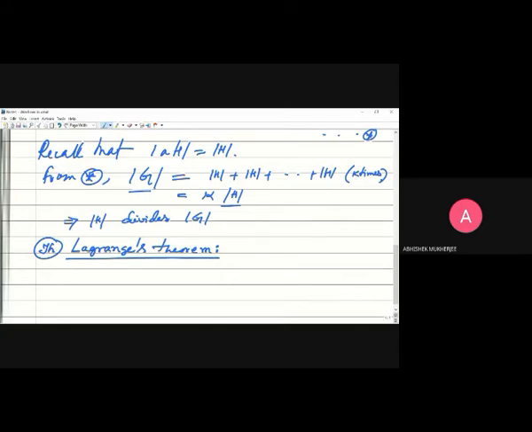So order of H divides order of G, and what is the quotient? The quotient is k.